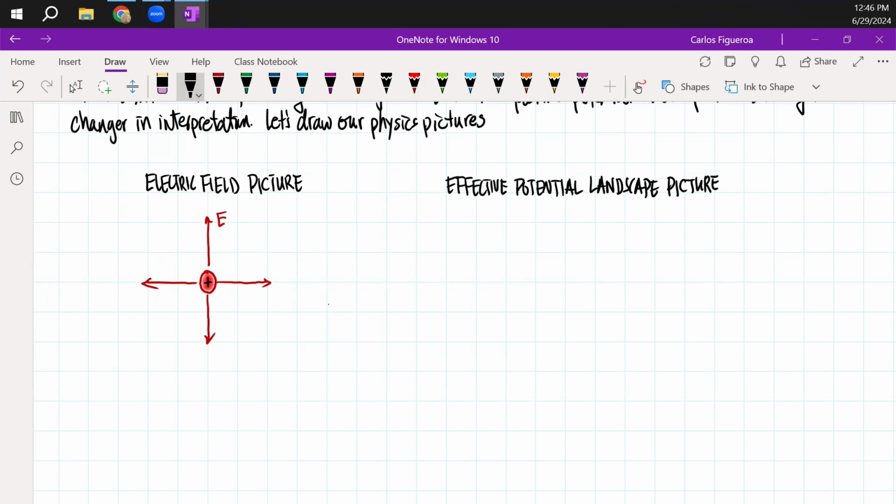So now, what's the equivalent of the electric field in the potential picture? So now I'm going to come like this, and then I'm going to draw my axis right here. I'm going to try to draw this nice and big.